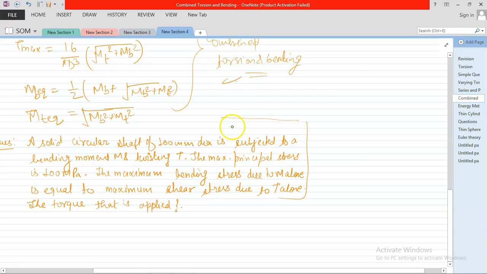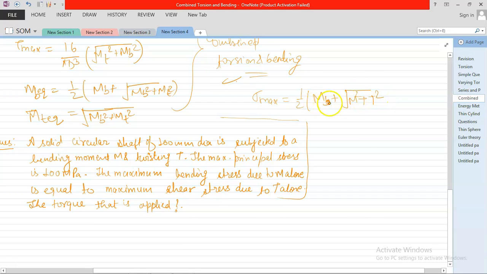So a solid circular shaft of 100 diameter is subjected to a bending moment and a twisting moment. What is the expression of maximum principal stress? Sigma max is equal to half of M plus under root M square plus T square.